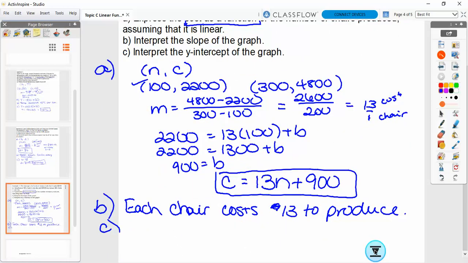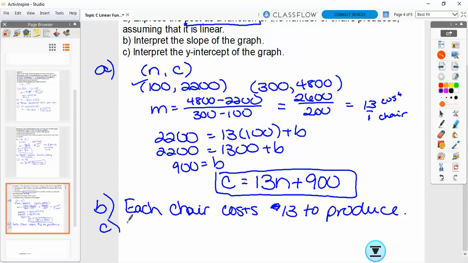Interpret the y-intercept. I didn't ask you that on the other ones. The y-intercept was 900. What does that represent? When it crosses the y-axis. So what's my x in that case? 0. So when no chairs are produced, my cost is $900. That's like your startup cost, your equipment or whatever.